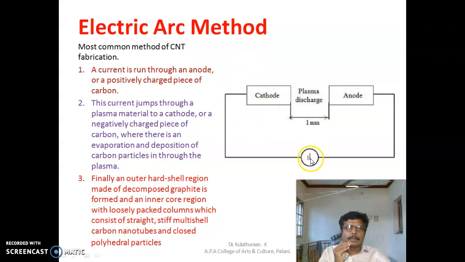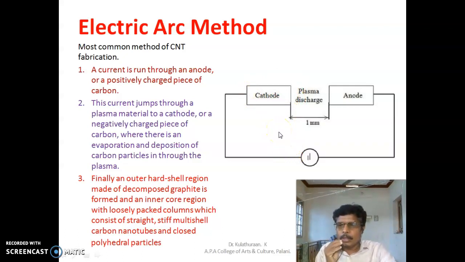Here is the circuit diagram of preparation of carbon nanotubes. Here the current is run through the anode, a positively charged piece of carbon. This current jumps through a plasma to a cathode, a negatively charged piece of carbon, where there is an evaporation and a deposition of carbon particles through the plasma.